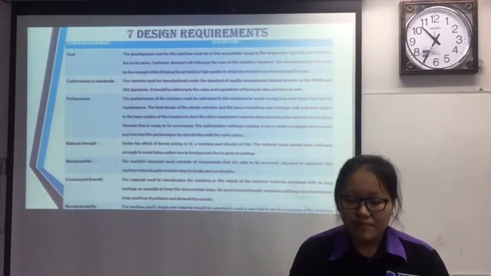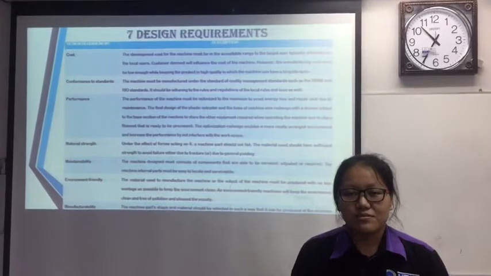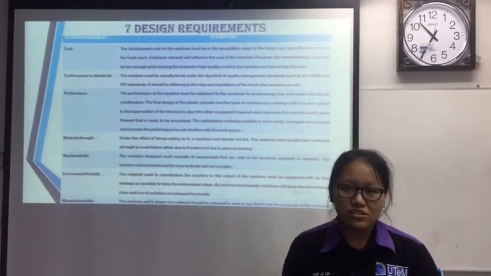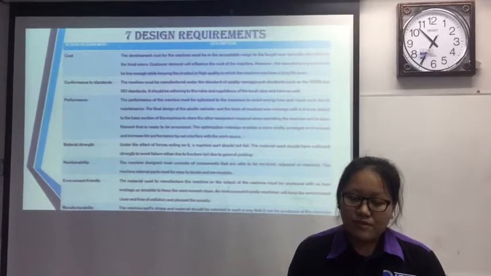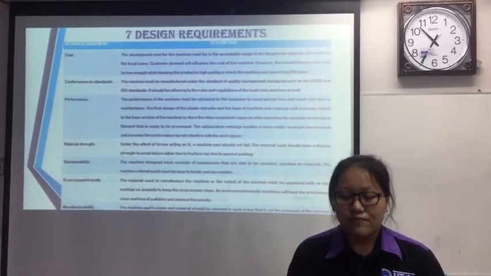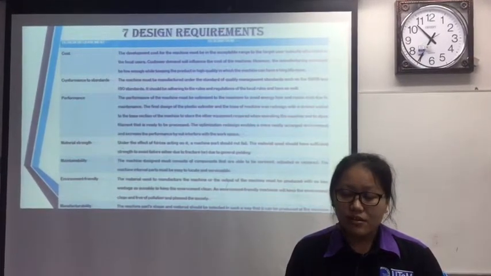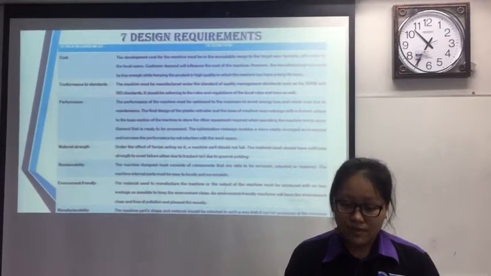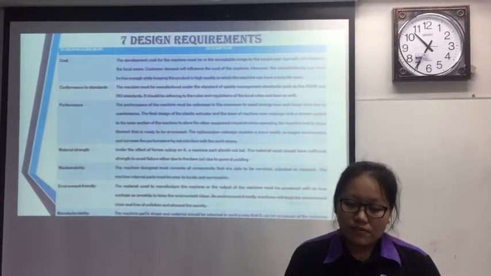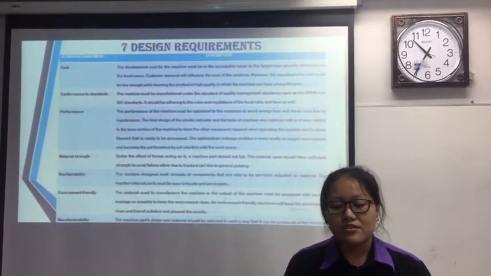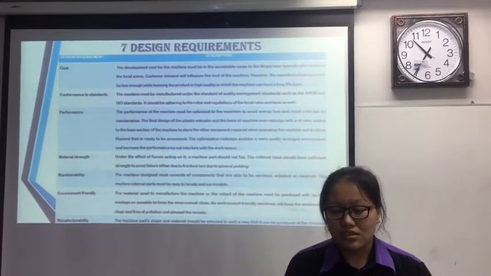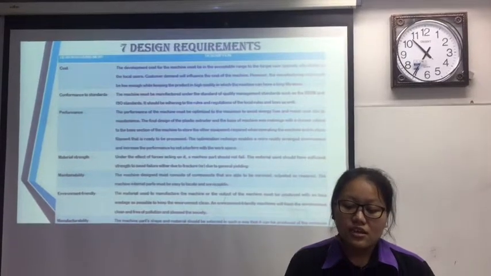Third, the performance. The performance of the machine must be optimized to avoid energy loss and repair costs due to maintenance. Fourth, the material strength. Under the effect of force acting on it, a part of the machine should not fail. Fifth, maintainability. The machine design must consist of components that are able to be serviced, adjusted or repaired easily.